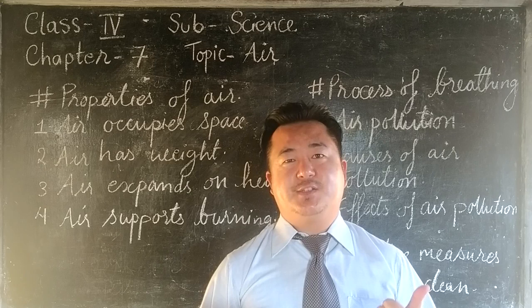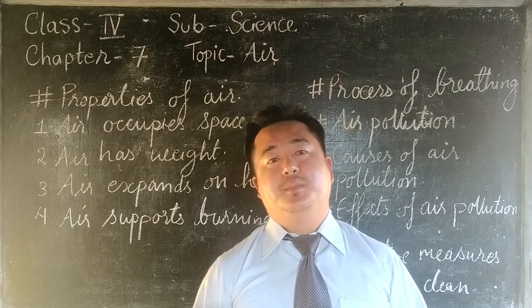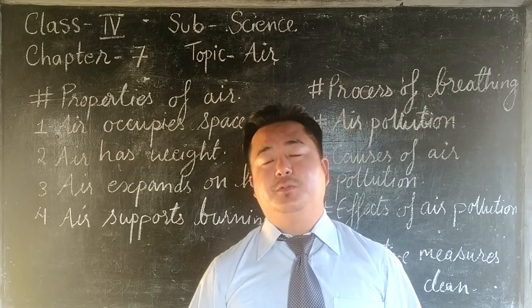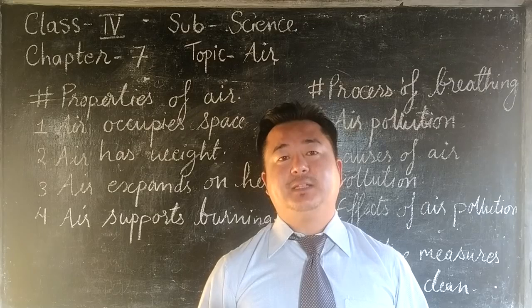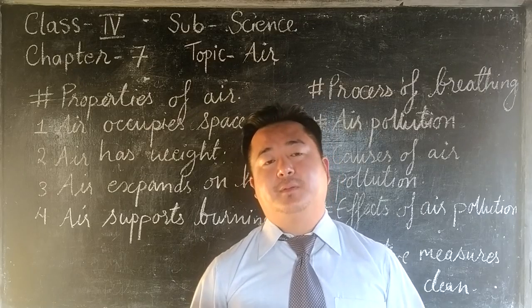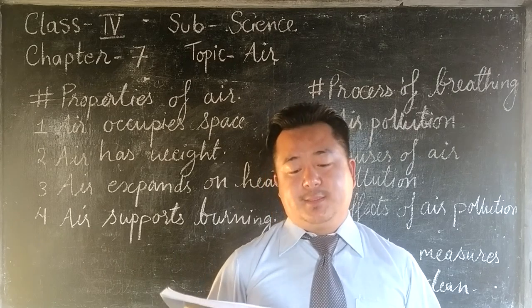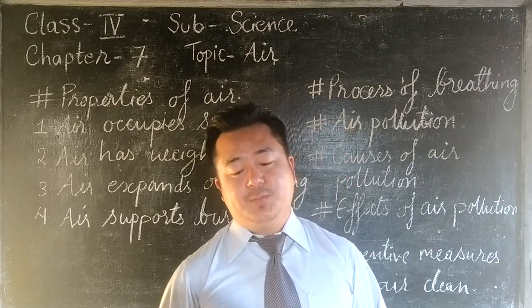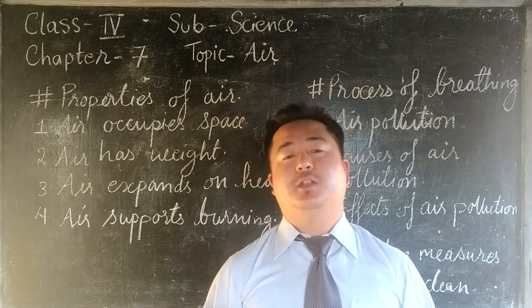Third, use wind energy, solar energy, and other renewable resources of energy to reduce burning of fuel. If you use renewable resources, then there's less use of other fuels that we use in regular life. And number 4, use public transport or walk to go short distances.